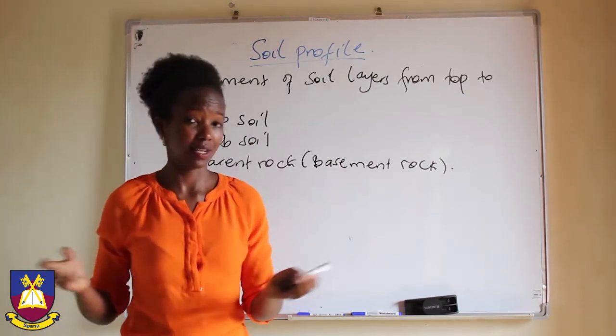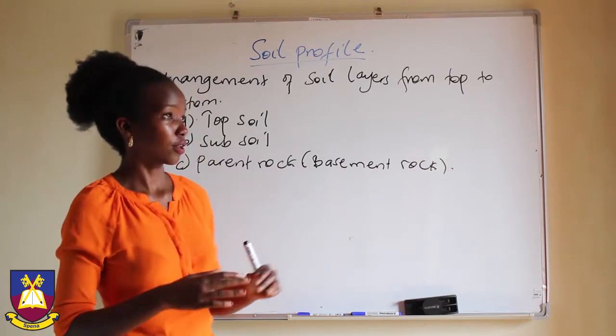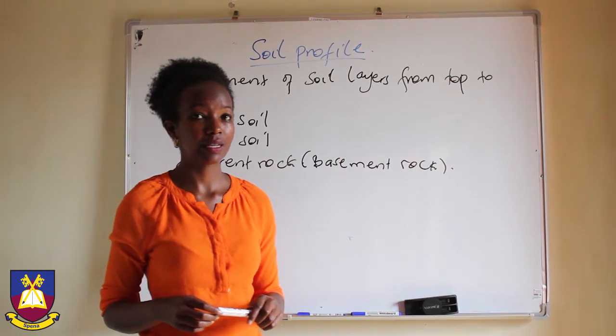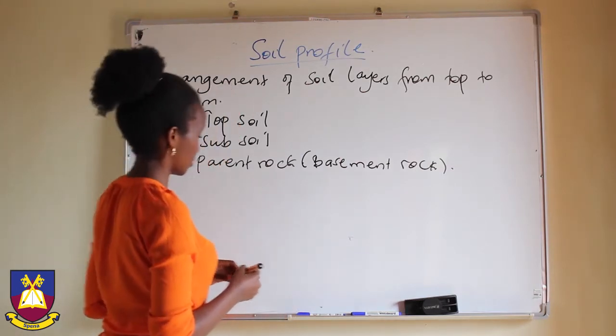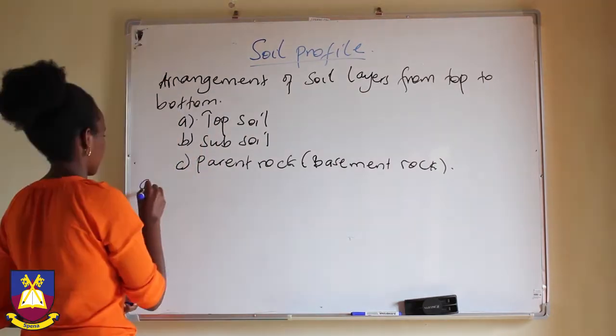It's where most life in soil actually happens. So the topsoil is what we see in a garden. Topsoil is the topmost layer of soil. So let's talk about them in detail, beginning with topsoil.